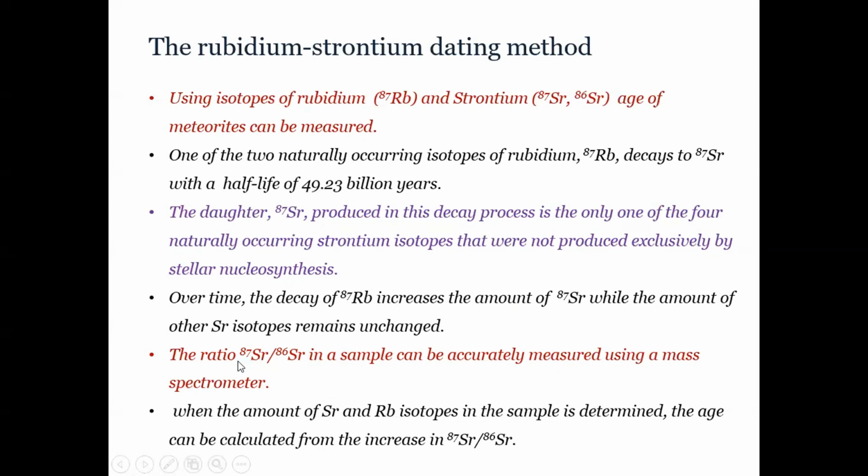You can measure this with a mass spectrometer, and when the amounts of strontium and the rubidium isotope in the sample are determined, the age can be calculated with the help of the ratio of strontium-87 to strontium-86. So with very large half-lives, like 49 billion or 50 billion years, the ages can be measured.